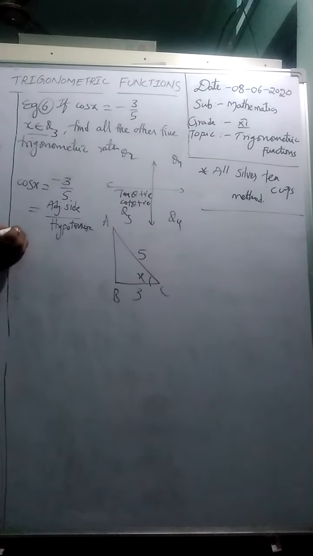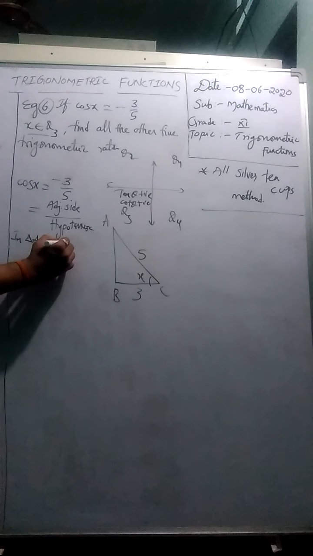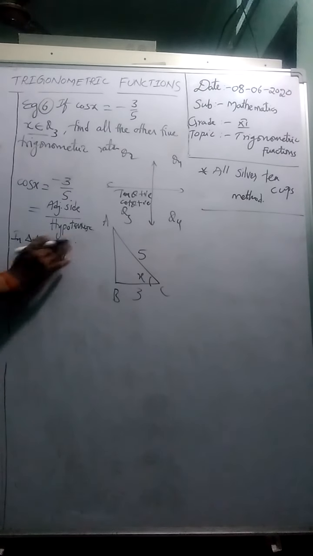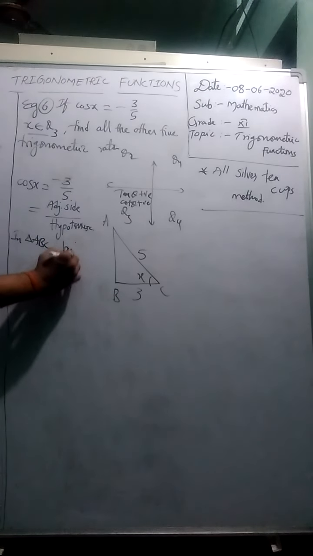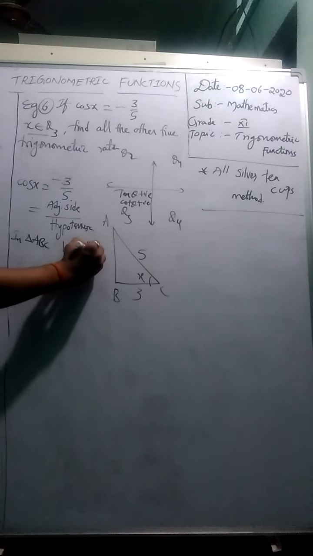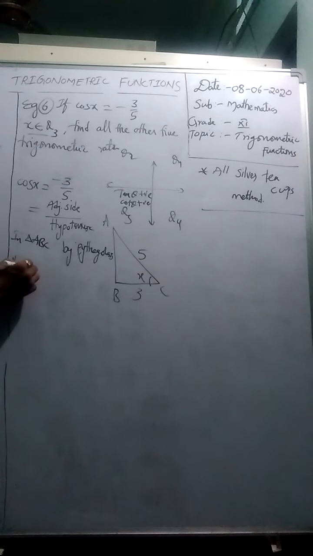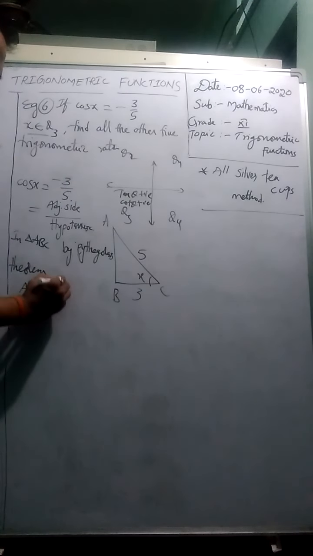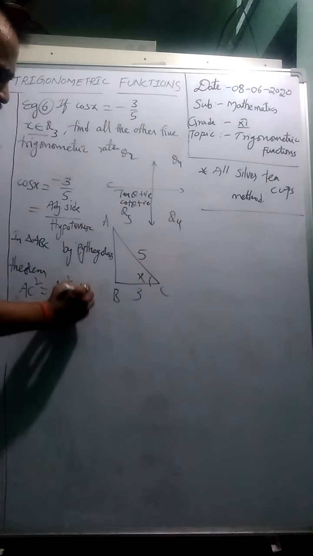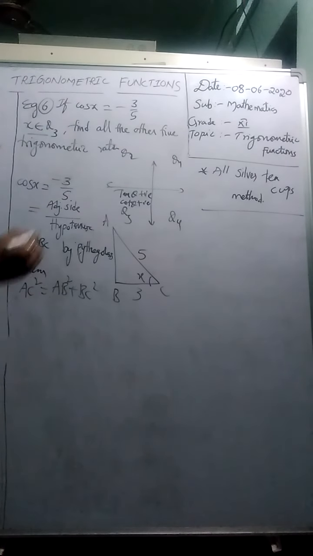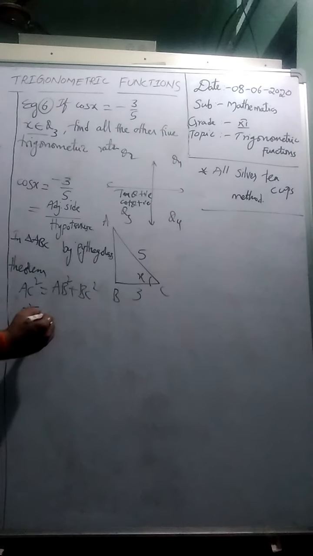adjacent side by hypotenuse. So in triangle ABC, apply the Pythagoras theorem for finding the other side, because without knowing that it is not possible to find the other trigonometric ratios. So by the Pythagoras theorem, as we know, AC square, the hypotenuse square, equals the sum of squares of the remaining two, as you learned in earlier classes.